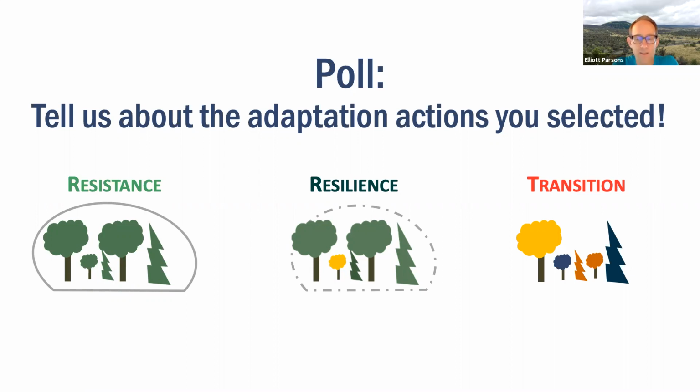And I think a lot of research has shown that isn't exactly true, that they're always changing, they're always dynamic, and that individual species responses play a big role. So I think the resistance concept seems to apply to that conception of what an ecosystem is, but I don't know if that's necessarily true.